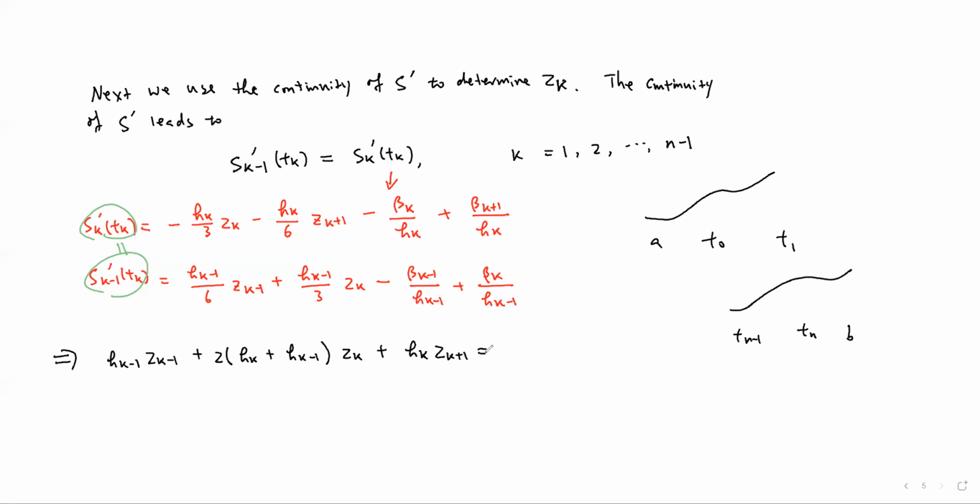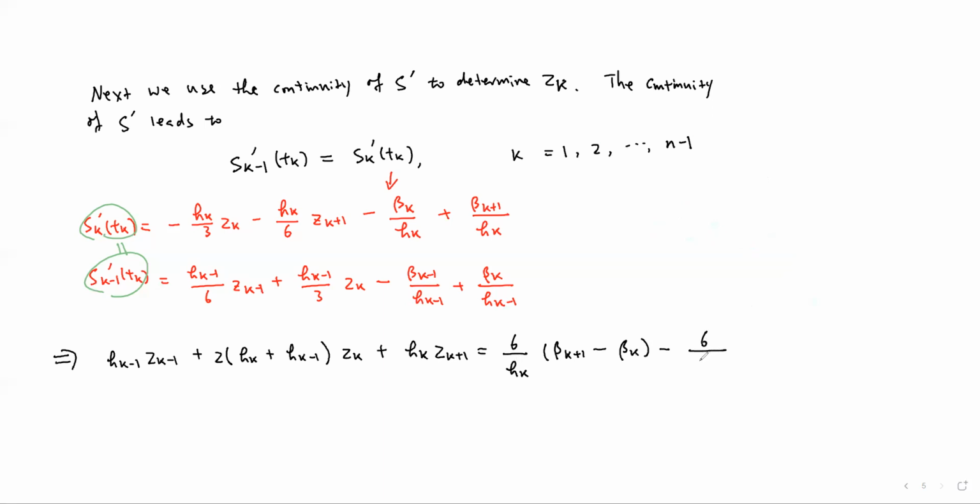Then constants to the right side: 6 over h k beta k plus 1 and 6 over h k minus 1 beta k minus 1. Okay.